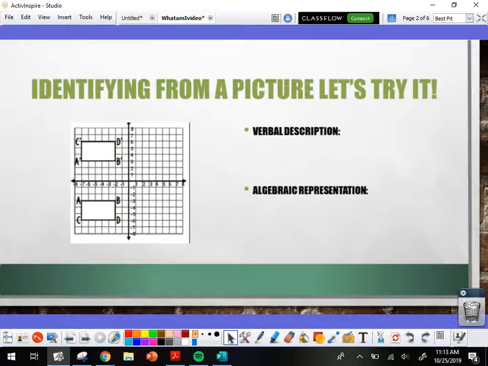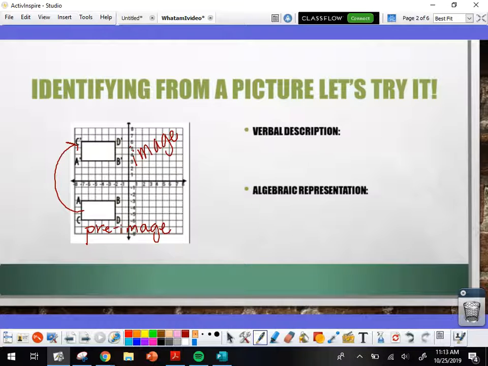It's not just A, it's A prime, it's B prime. So the shape has moved from here to here. This is the pre-image, and this is the image. And don't worry, we're going to start moving a little bit faster here in just a minute, but I want to make sure that we understand what we're doing with this first one.